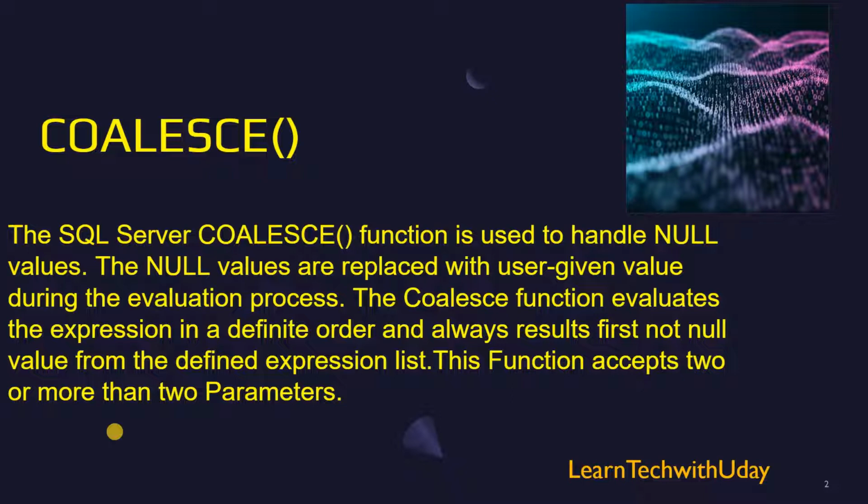The COALESCE function evaluates the expressions in a definite order and always returns the first non-null value from the defined expression list. This function accepts two or more parameters. So the COALESCE function retrieves the first non-null value from the list of expressions that we defined.